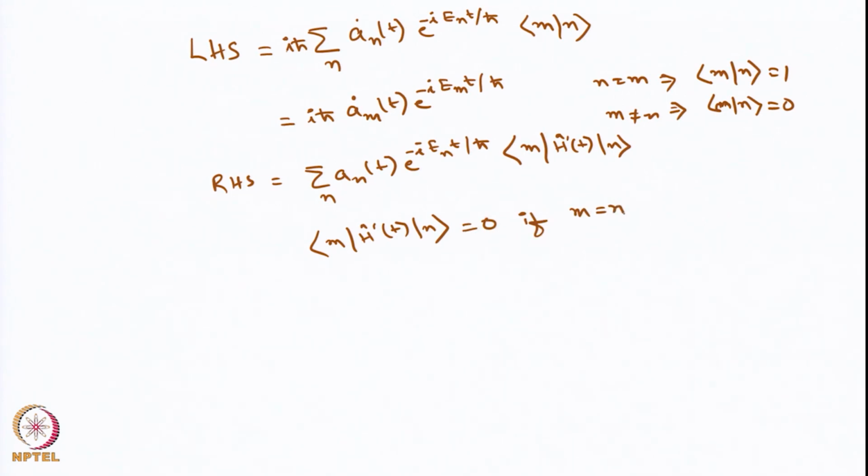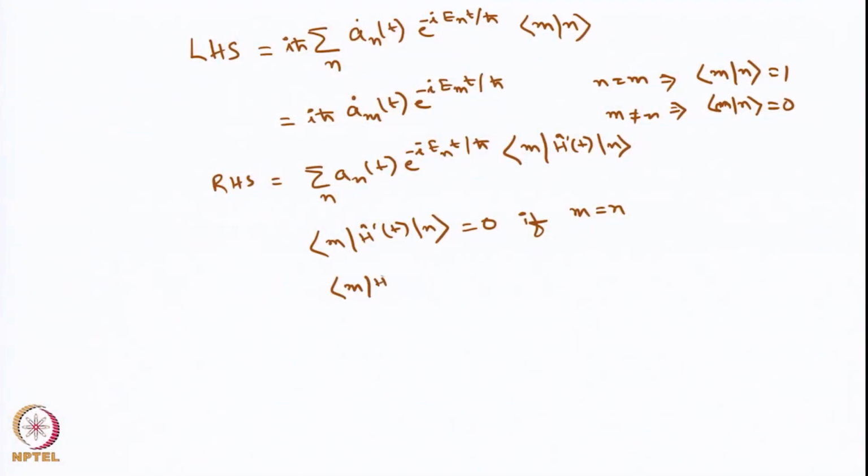You can see that what you are looking at here is the transition onto itself, when m is equal to n. We can't look at transitions from a given state to itself. That means only the terms ⟨m|H'(t)|n⟩ will survive if m is not equal to n.